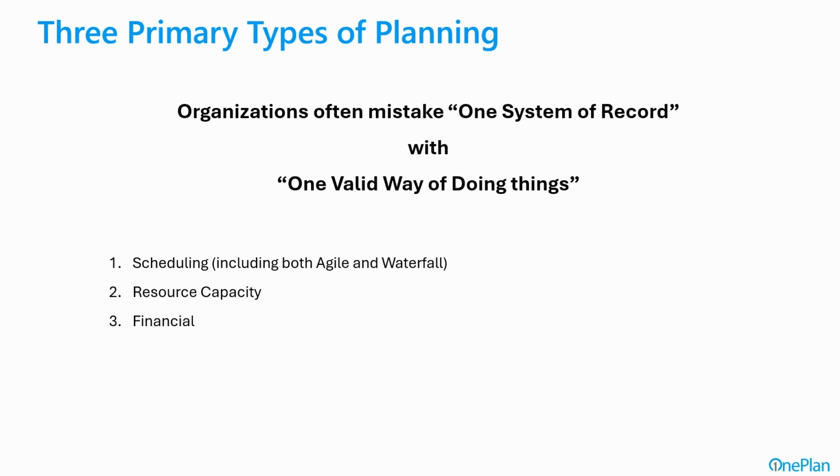In organizations that are actually in the business of selling contracts with a large delivery and a time and materials piece, scheduling and resource capacity planning must work together. And in other organizations, still, the planning just starts with financials. Either way, my point, and what I really want to make sure is the takeaway from this slide, is that OnePlan supports all of these as first-class citizens.